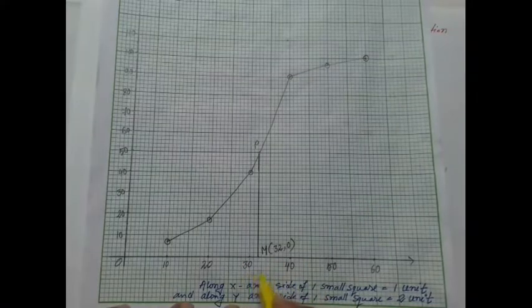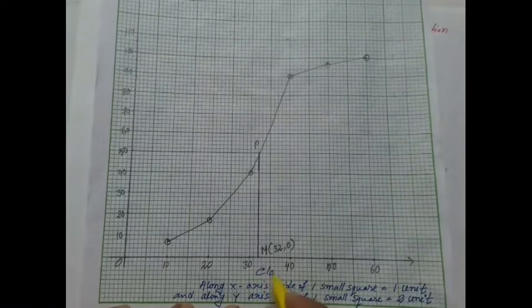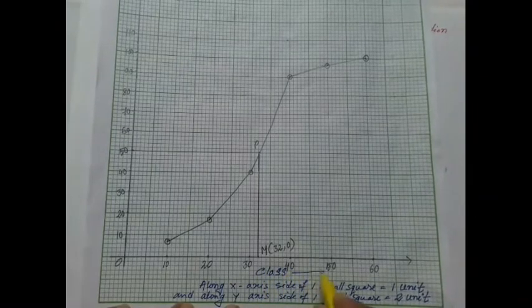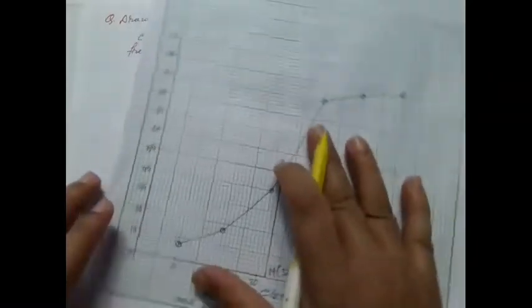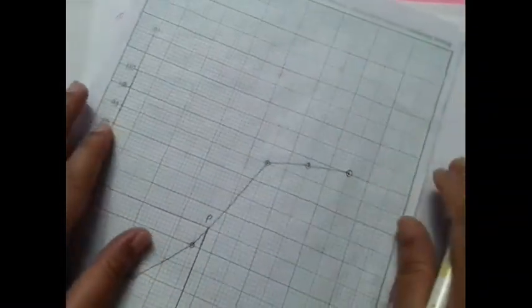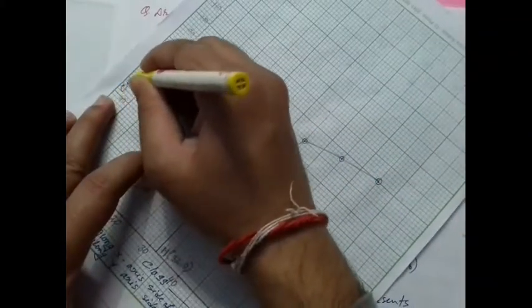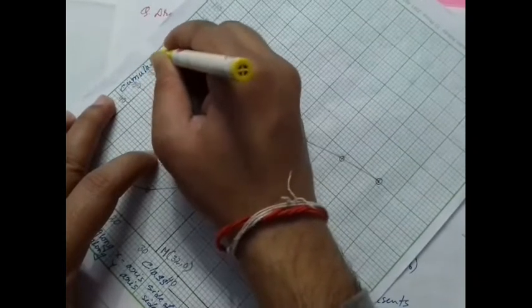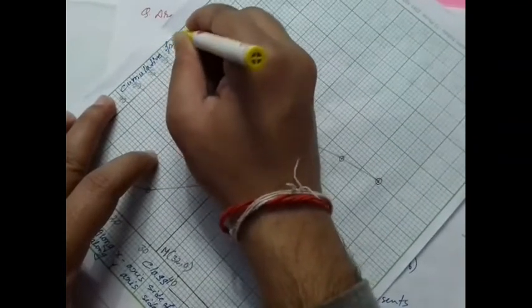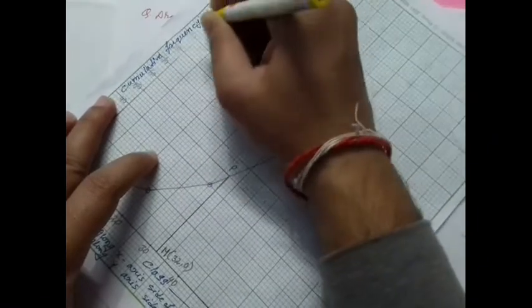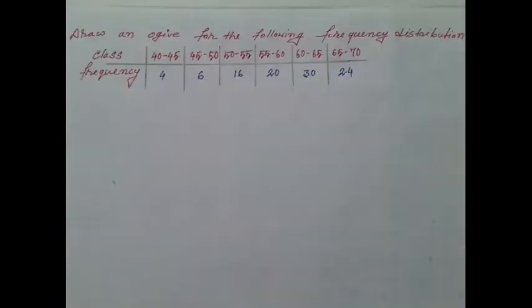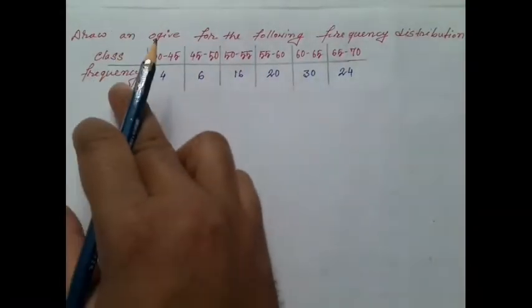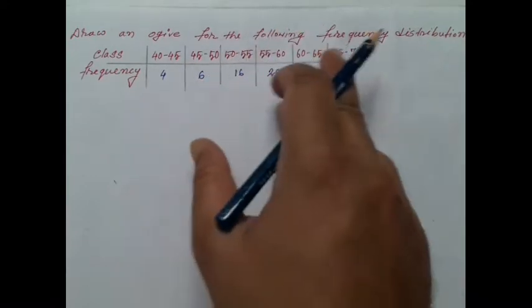One thing we have to write: class, and here we have to write cumulative frequency. Now we have this: draw an ogive for the following frequency distribution.